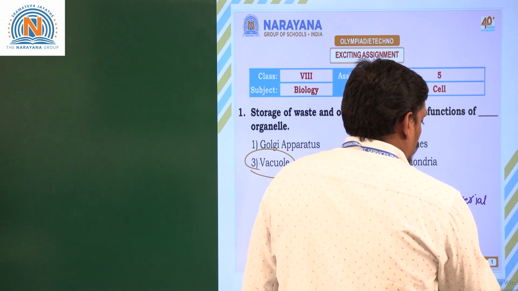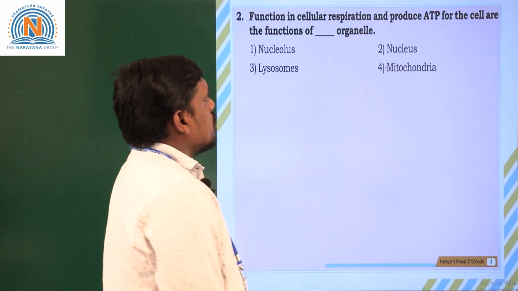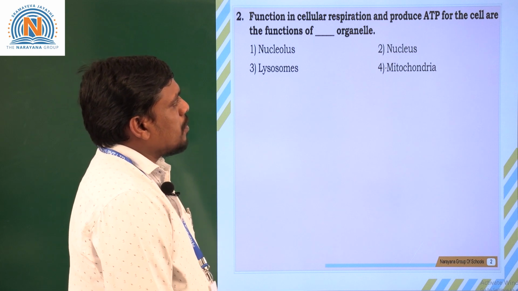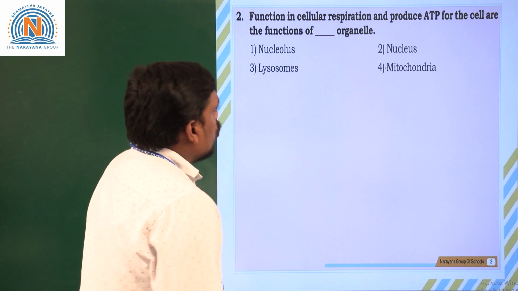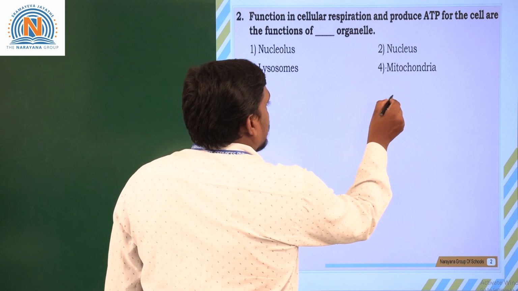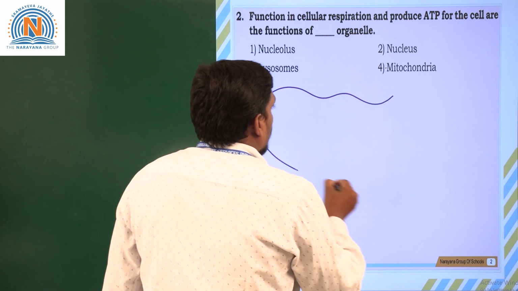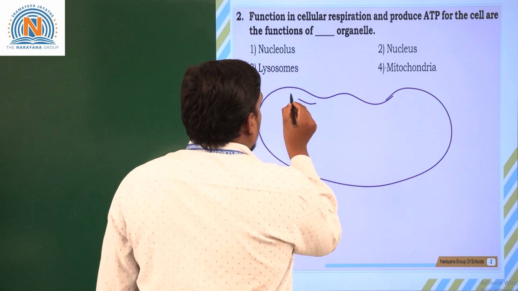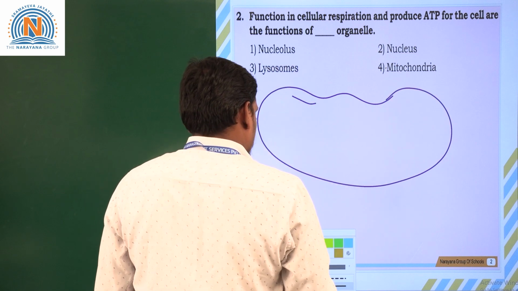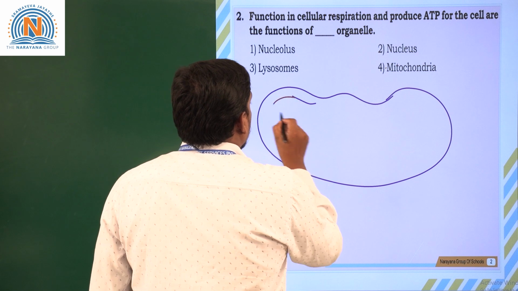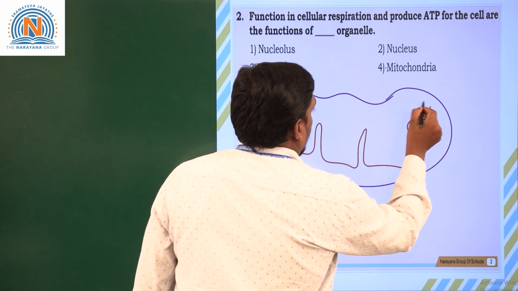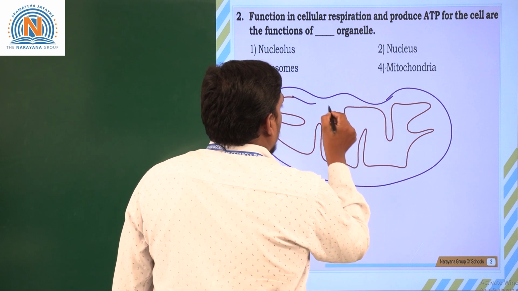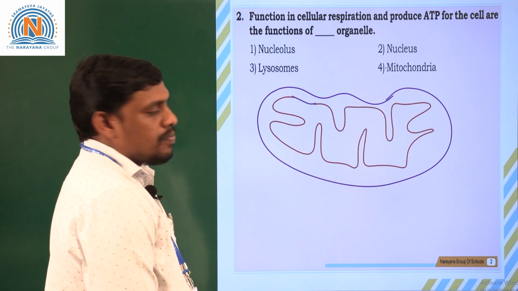Moving on to the next question. Functions in cellular respiration and produce ATP for the cells are the functions of dash organelle. You know that ATP gets produced by a cell organelle. What is that cell organelle called? Mitochondria. So generally the mitochondria looks like this.